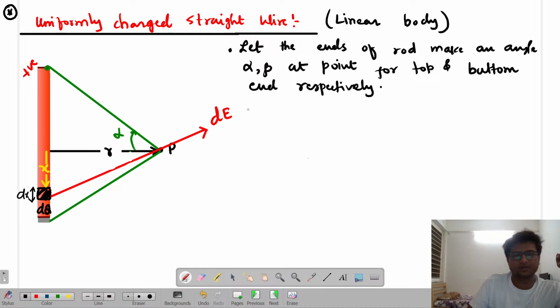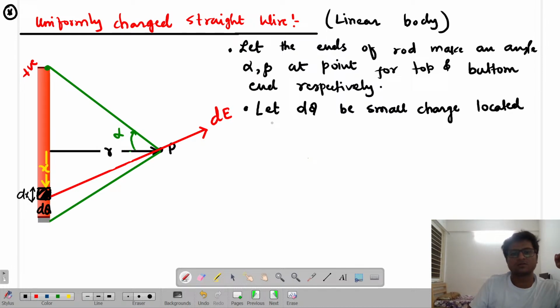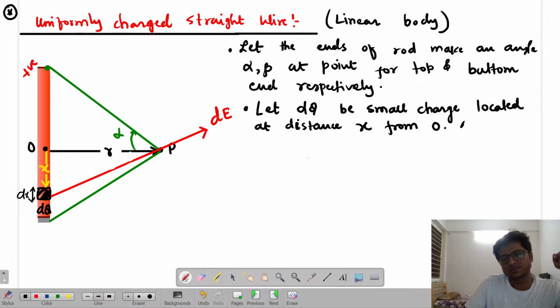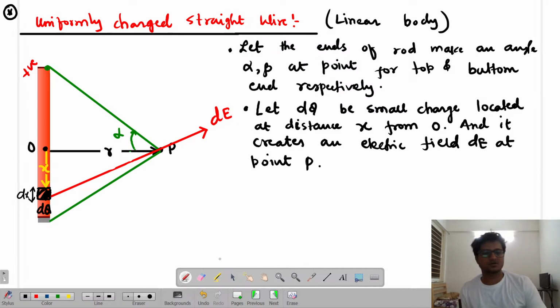First statement. Second statement, let dq be a small charge located at distance x from, मान लो ये पॉइंट का नाम है O, from O, and it creates an electric field dE at point P. So these are two statements at point P. Are you able to get me or not?